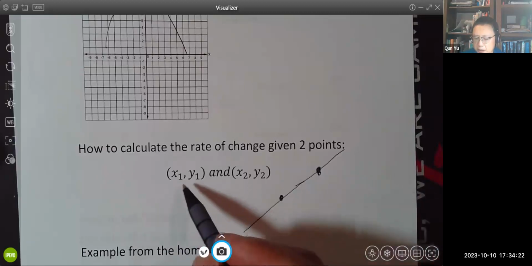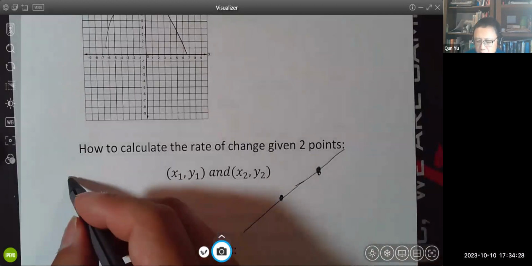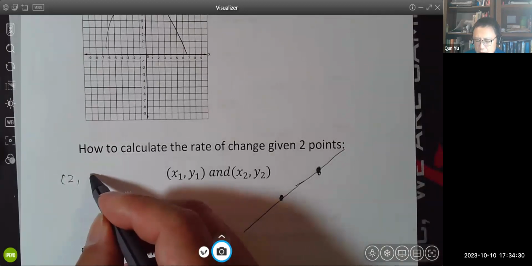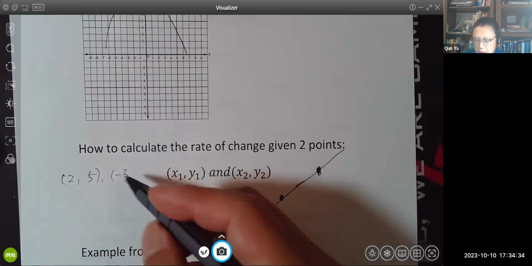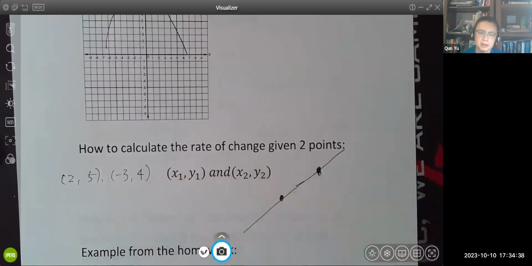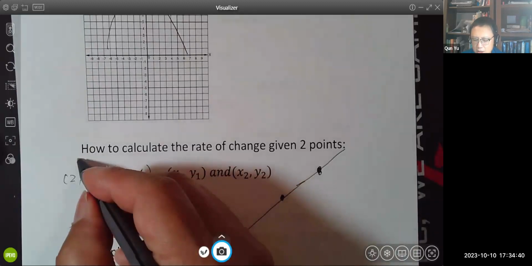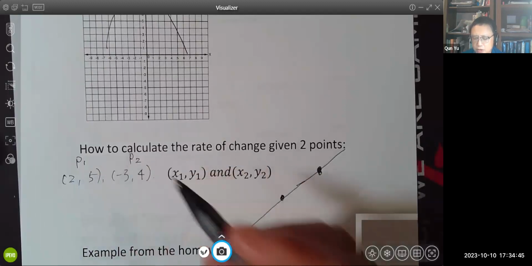So I'm going to pick just 2 random points to demonstrate how to calculate the slope. So I got 2, 5, and -3, 4. It doesn't matter which one is which. Let's call these the first point and the second point, point 1, point 2.